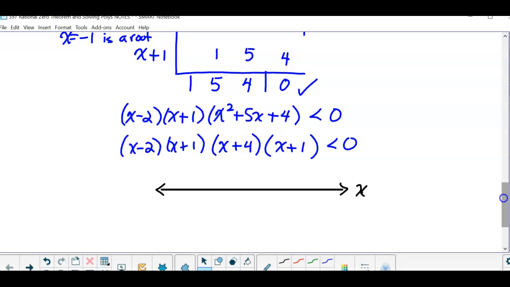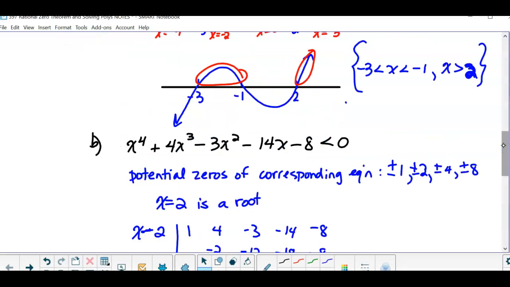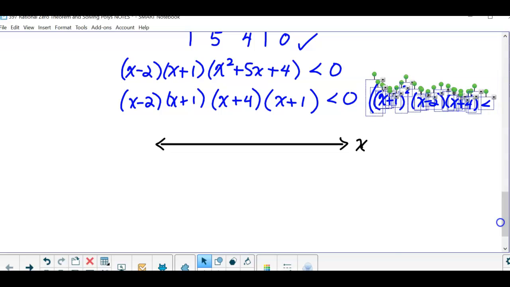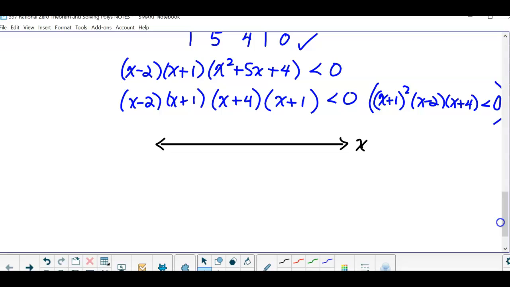Notice how there's a repeated factor there of x plus 1. So you could show that as x plus 1 squared times x minus 2 times x plus 4 less than 0. Oops. Sorry. Less than 0. Okay. So your zeros here are -4, -1, and +2.